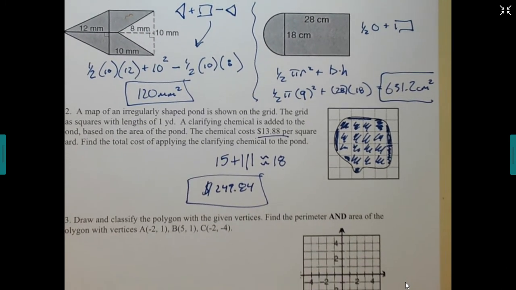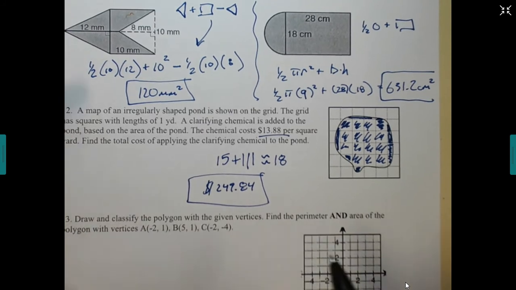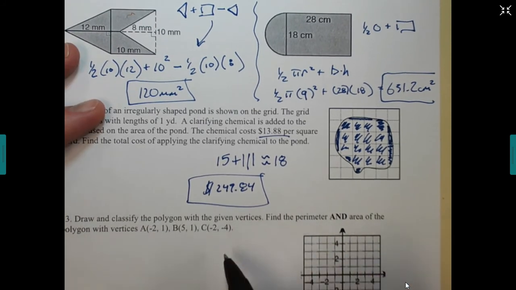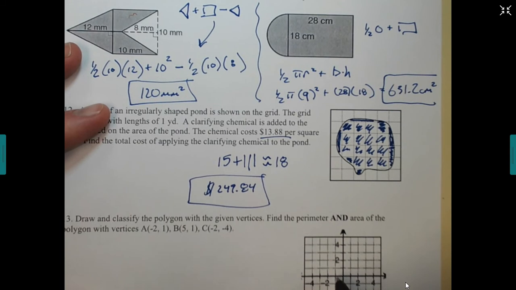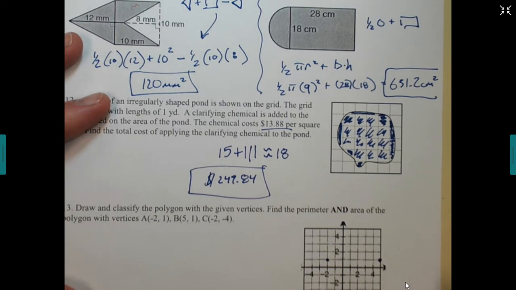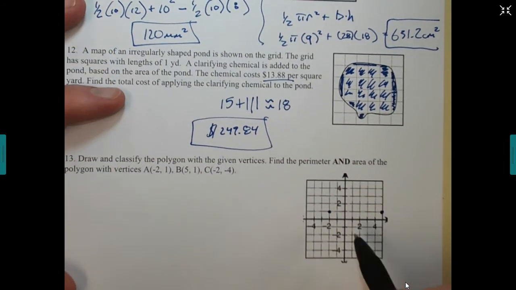All right. We're supposed to draw and classify the polygon, find the perimeter and the area. So A is at -2, 1. B is at 5, 1. Hopefully you all can see that. C is at -2, -4.